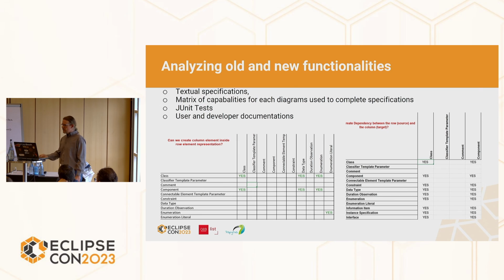So, to do the migration and be sure that we don't lose functionalities for our final user, we wrote a specification. So we use, of course, the UML standard, a big book of more than 700 pages.